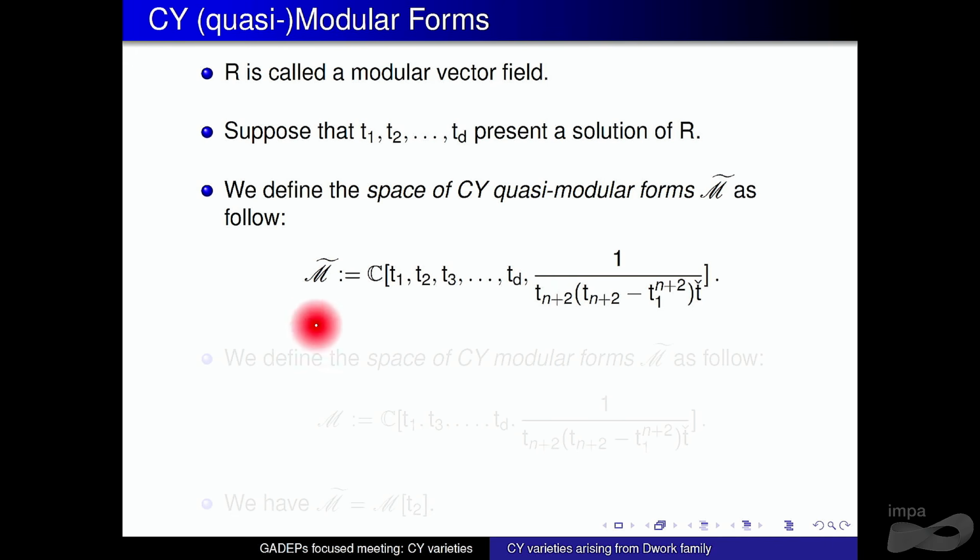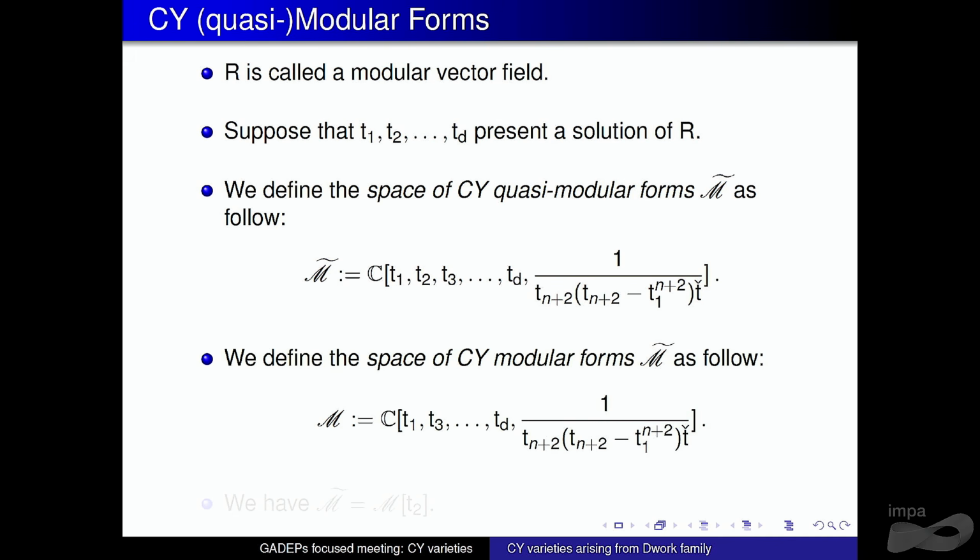So for me, the space of quasi-modular forms is the space generated by all the solutions divided by the discriminant that we have here, and the space of Calabi-Yau modular forms is just putting T2 out of this space. And the space generated by the rest is giving the space of the Calabi-Yau modular forms.